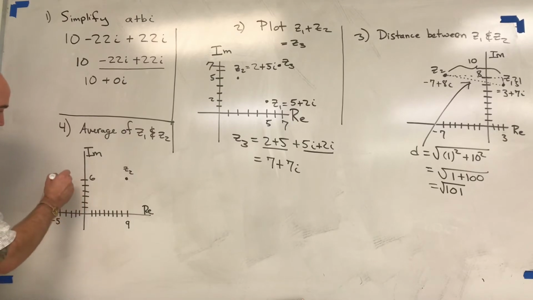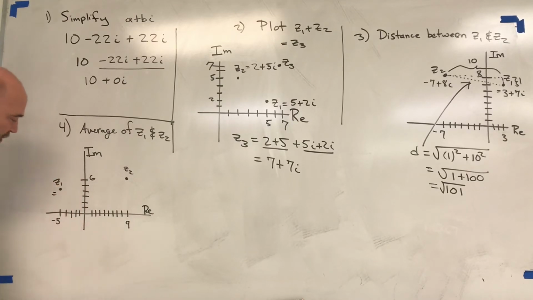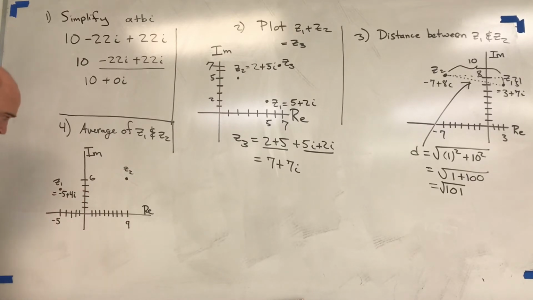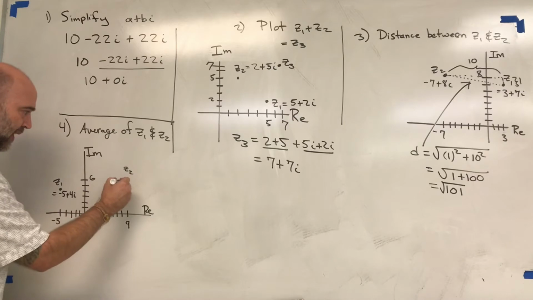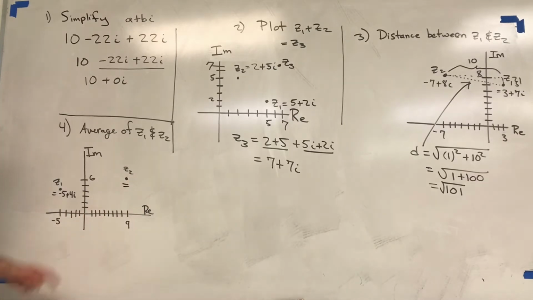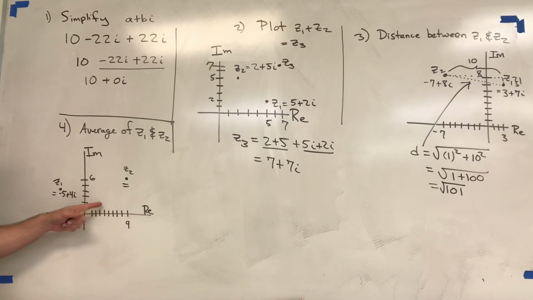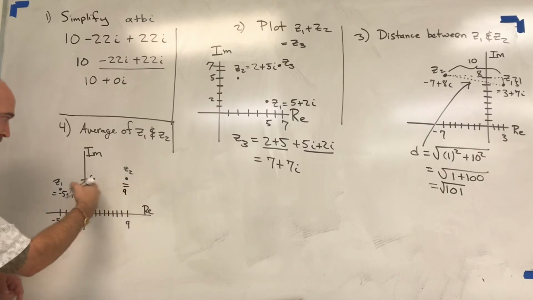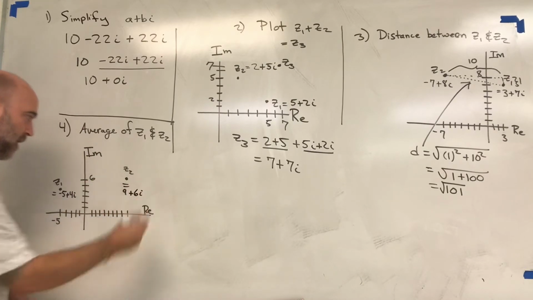So in this case, Z1 is equal to, the real part is -5 plus 1, 2, 3, 4, 4i on that one. And Z2 here is equal to, let's see, that is Z2, 9 and 6i. 9 plus 6i.